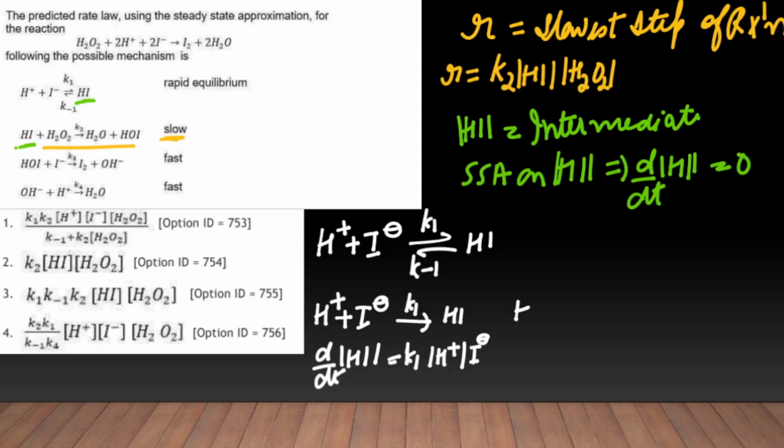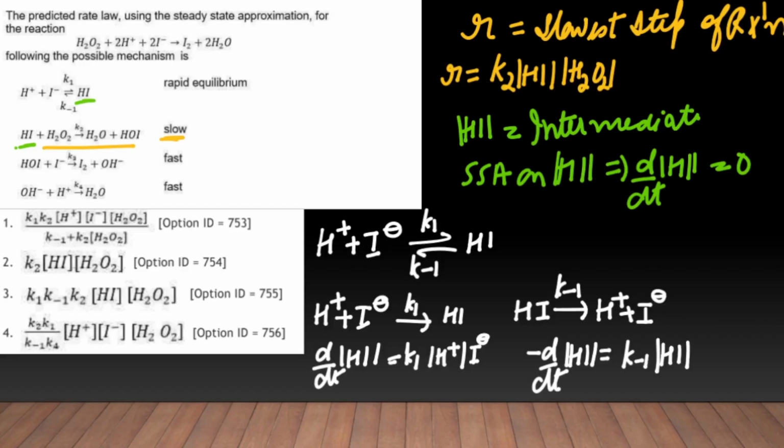In the reverse reaction, HI gives us H positive plus I negative with the rate constant K inverse. So minus d by dt of HI will be equal to K inverse of HI, right?